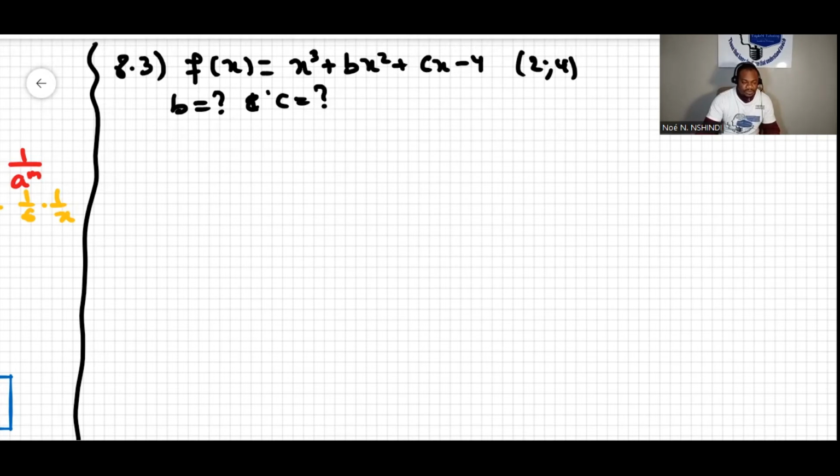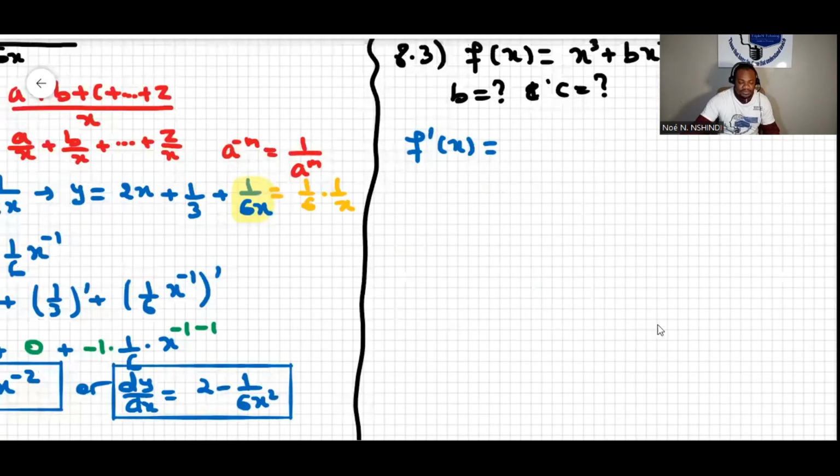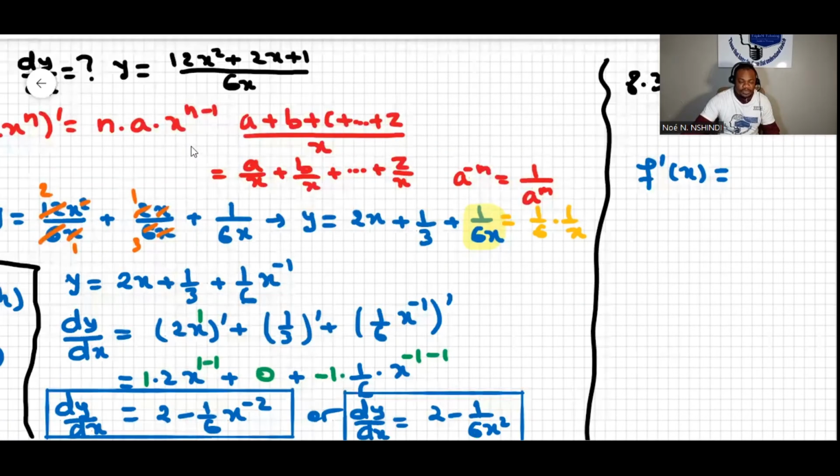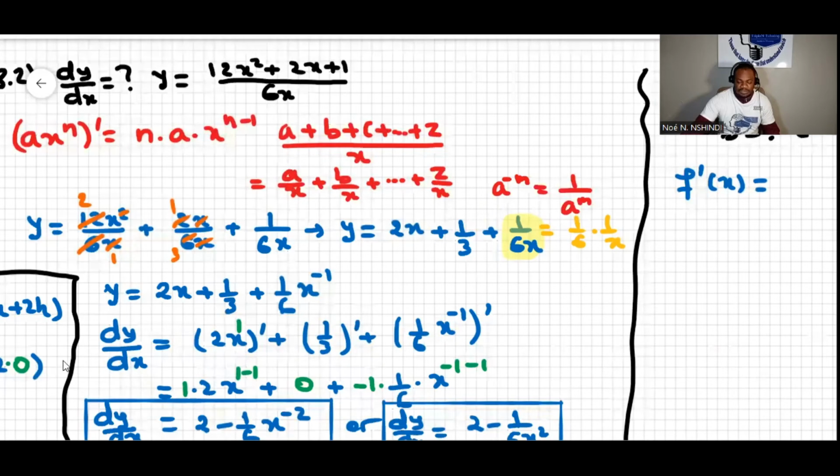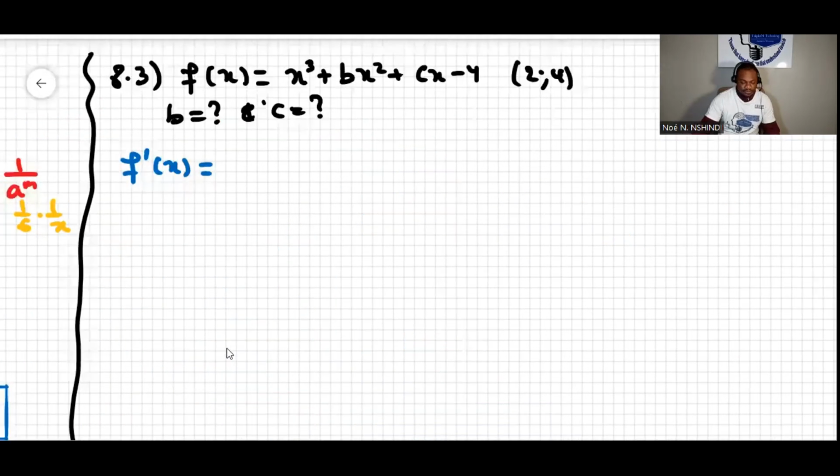Okay, so now we have f of x. Now let me find f prime of x. F prime of x will be, according to the formula for differentiation, 3 times x to the power of 3 minus 1 plus 2 times b times x to the power of 2 minus 1 plus just c.